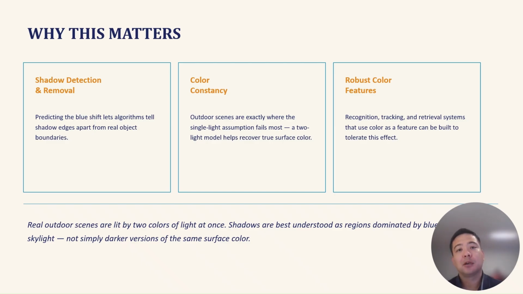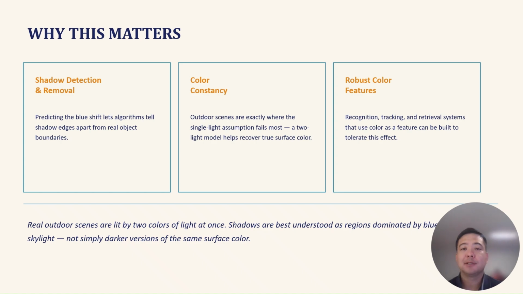Second, color constancy, which is just a general problem of figuring out an object's true color no matter what lighting it's under. Outdoor scenes are exactly where that problem gets hardest, since there really are two different colored lights involved. So a model that accounts for both gives a much better starting point.